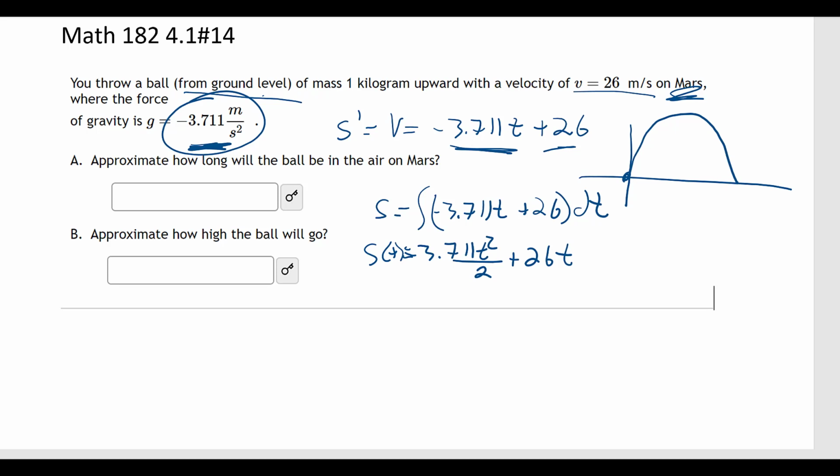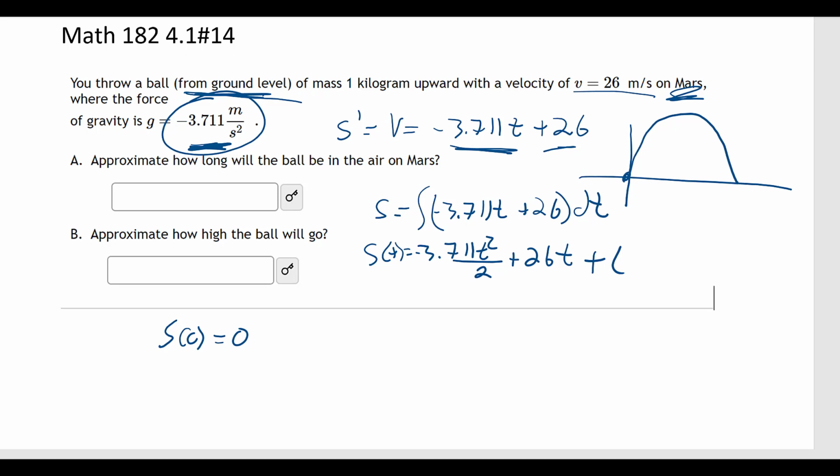And make sure that negative is clear there. Plus c. Someone's going to call me on that, I bet someone already said it: plus c. The key though, since we were at ground level to begin with, is that our initial value s of 0 is 0. So there's an initial value part of the problem.